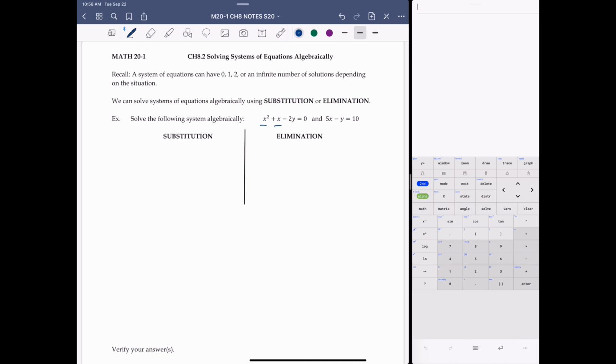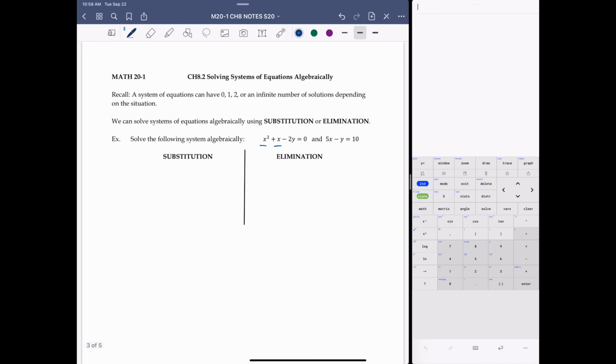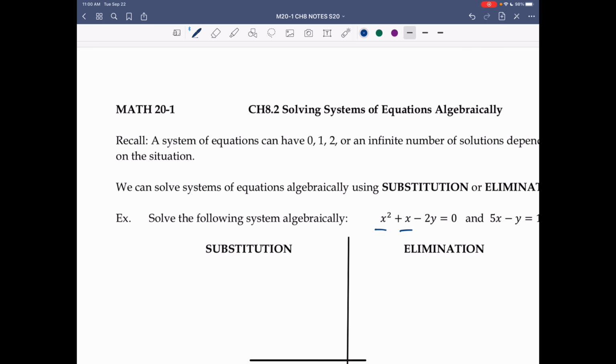So a note that we need to put: for systems with quadratics, we must isolate or eliminate the variable that appears only once in each equation. Okay, and in a lot of our systems, if it's xy, that's typically the y value. So let's write a note maybe at the top of our page here.